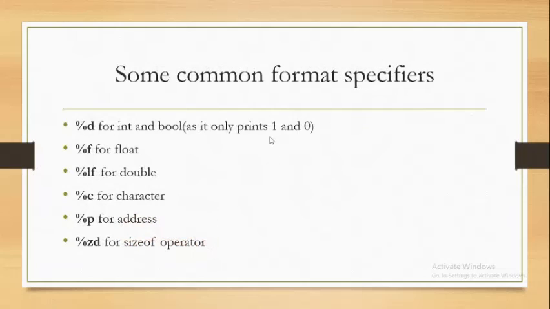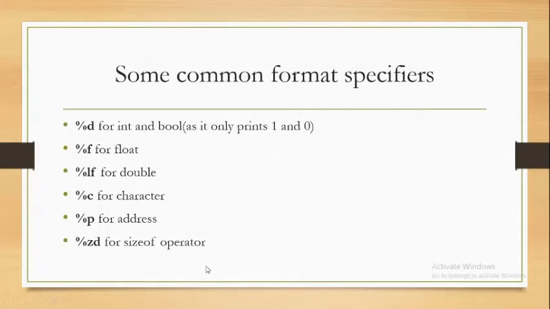%d is the format specifier that is used to print out or take input for integer values or even boolean values, because they can only print out 1 and 0. Even for enum values, like when I was printing enum, I used %d, and %f for floats, %lf for double values, %c for character, %p for address, mainly address of variables.